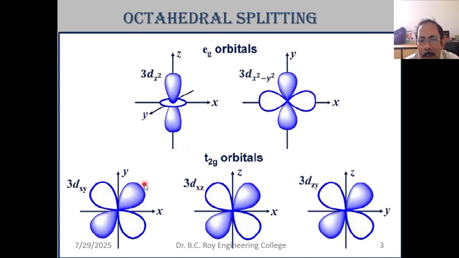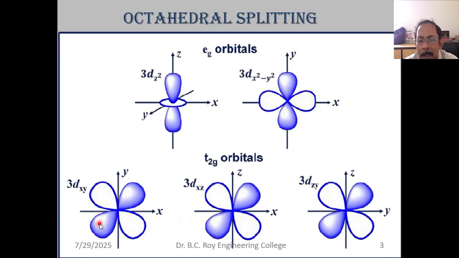Now this T2g: T is for triplet and g is for gerade. Gerade means even. So these d orbitals are symmetrically even, and gerade is a German word. These d orbitals are energetically similar, they are degenerate, and they are called T2g orbitals. Triplet state, because three different orbitals will form three peaks.